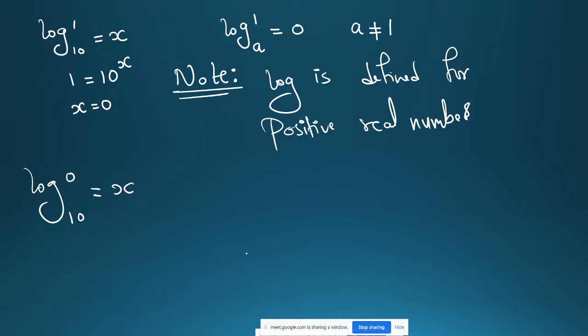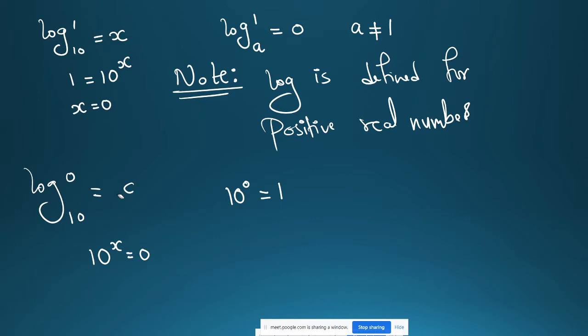No, because if you tell me, Arya, that 10 raised to x is equal to 0, if you think of 10 raised to 0, the answer is 1. It is, as Mittal said, not defined. Right? So what we are learning, as I already gave you a hint, is that log is defined for only positive real numbers. 0 is neither positive nor negative.